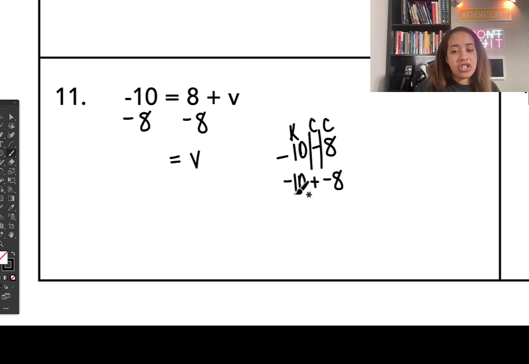Now we see an addition problem where they have the same signs. So we say same signs add. 10 plus 8 gives us 18. And since they were both negative, we do get a negative answer. It's a good idea to go to your higher absolute value when you're doing addition. So go to your higher absolute value, and it was negative, so we do get a -18.